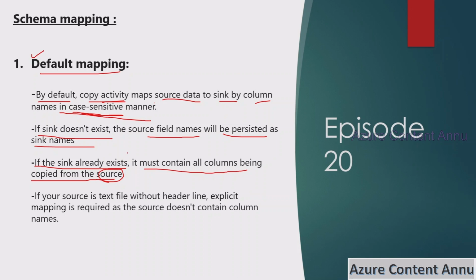And if it is not present, then it will dynamically create the sink table and the schema will be exactly copied from the source. Now the next point says if the source is a text file without header line, explicit mapping is required as the source does not contain column names.